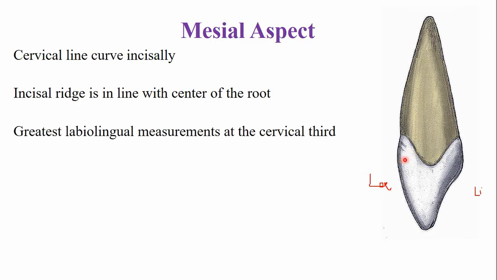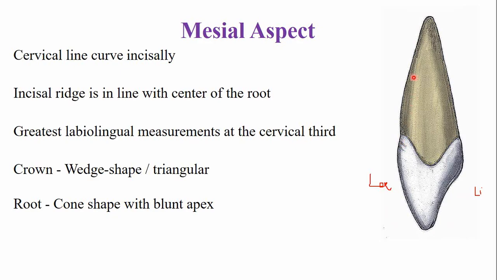Now the labiolingual dimensions: if you measure them, they are greater at the cervical third of the crown than the incisal dimensions. The shape of the crown is roughly triangular or wedge shaped, and the root is cone shaped with a blunt apex.